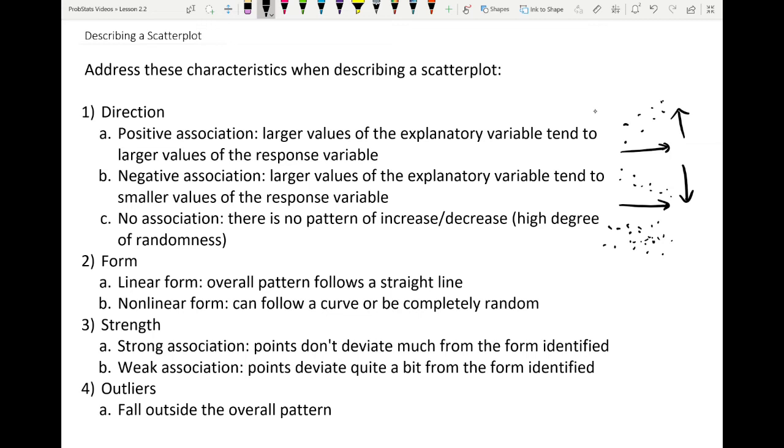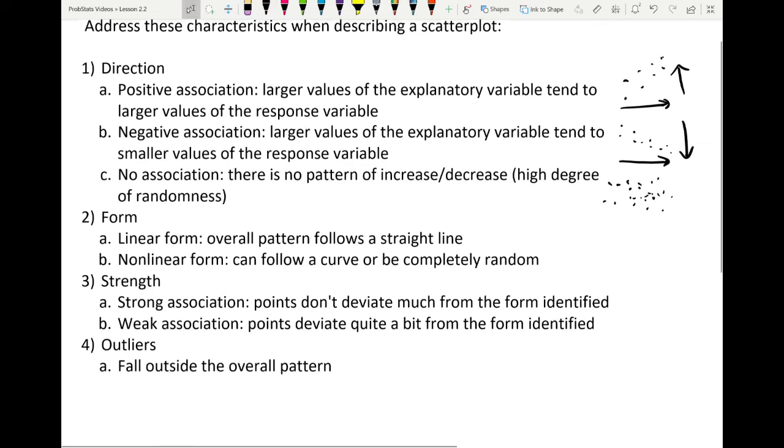So for the strength, that's the third thing we want to determine. This is the difference between strong association and weak association. You want to determine whether it's strong, moderate, or weak. For a strong association, the points don't deviate much from the form identified.